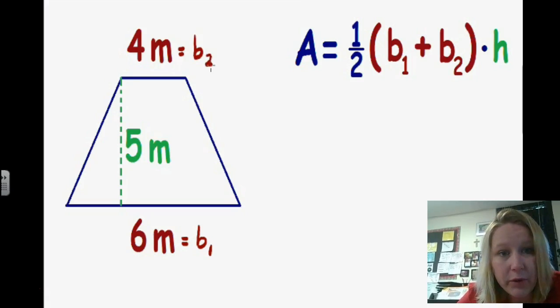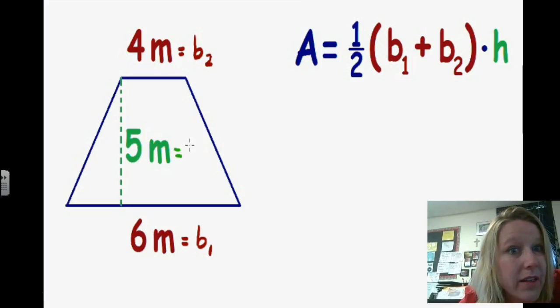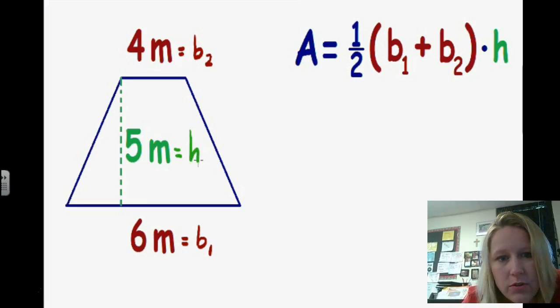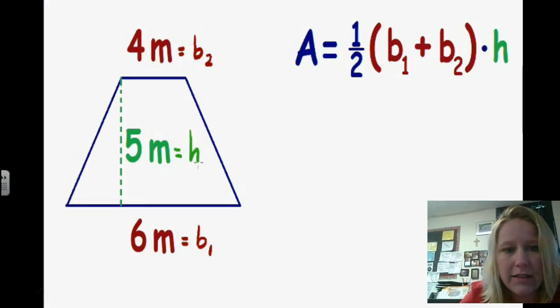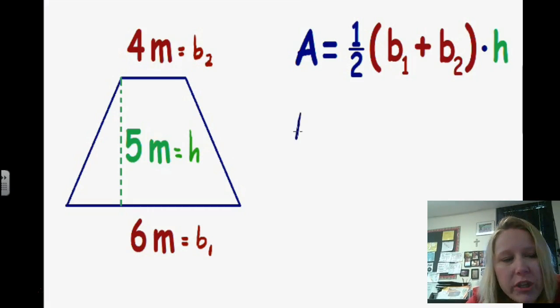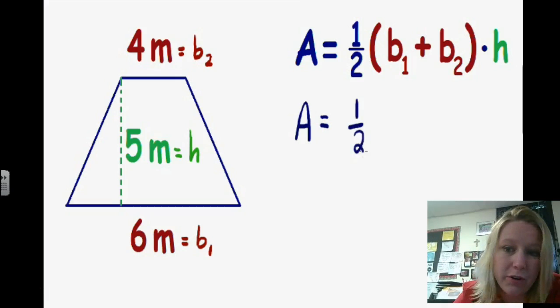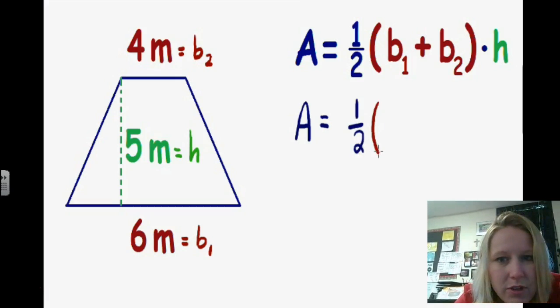So the average of those two would be to add the two together and then divide them in half. So we're still really just looking at one base times the height, like we are with parallelograms and with rectangles. It's just base times height. So that's our height, that's how tall it is. Remembering, the only reason we're doing the divide by 2 is because these two bases are different lengths, and you can't just take base times height if the two bases are different.